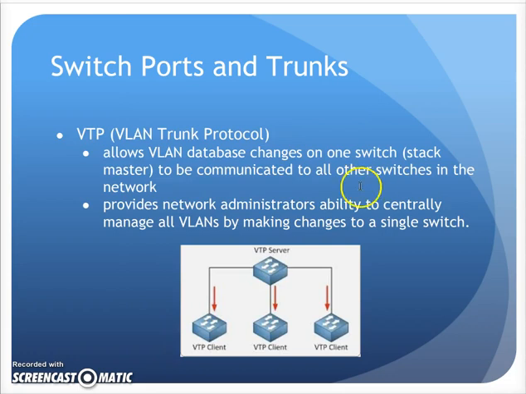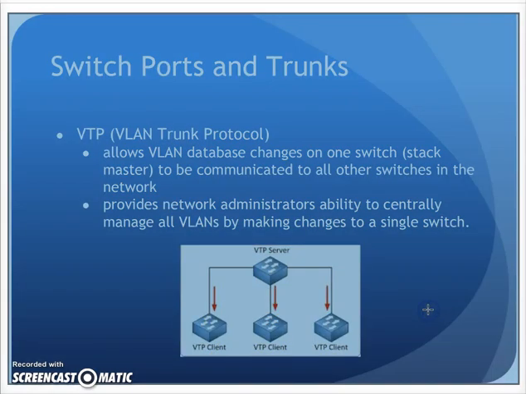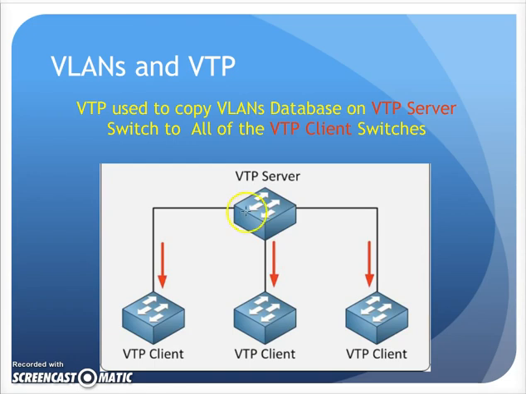I can also have my switches communicate their VLAN database to each other using VTP. VTP is a protocol that Cisco has that allows you to take a VLAN database on this switch here and share it with other switches. That's what that really allows you to do. So if I have a VLAN database on the server switch up here, I can say, okay, all these client switches copy me.